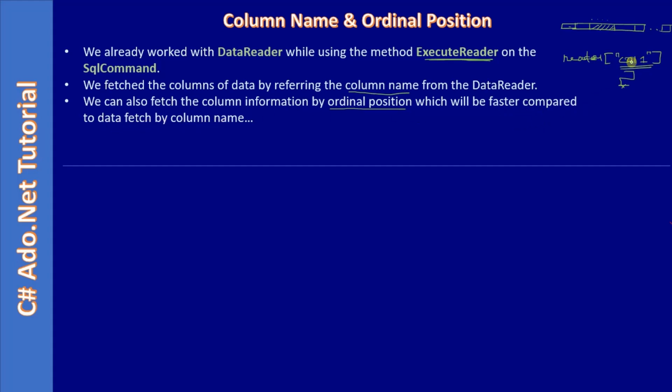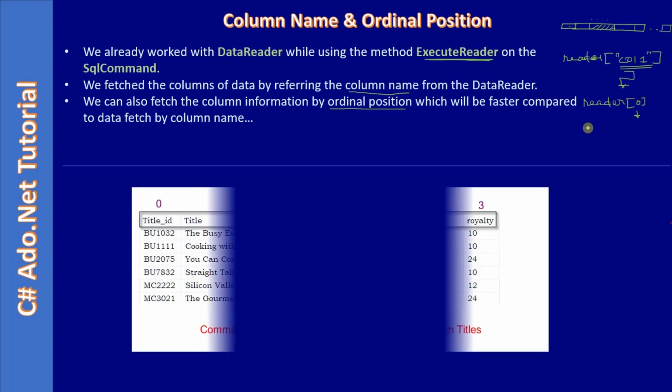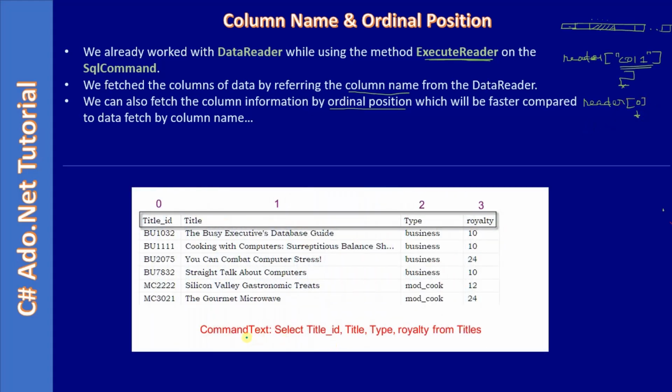So here is an example of data fetch by ordinal position. If you want to use reader, it will go like reader of, and we specify the ordinal position 0 and retrieve the value. Here you can see this is the command text which is picking four columns from the titles table. These are all the column names.